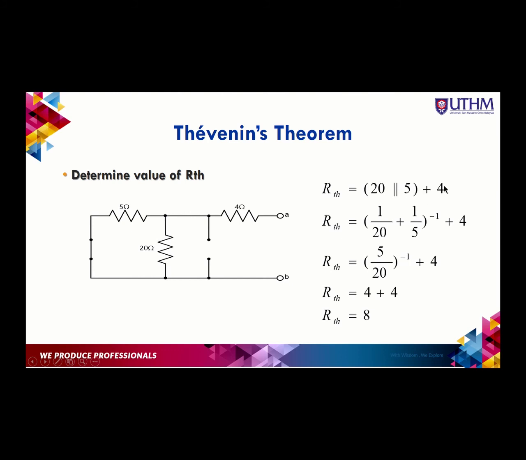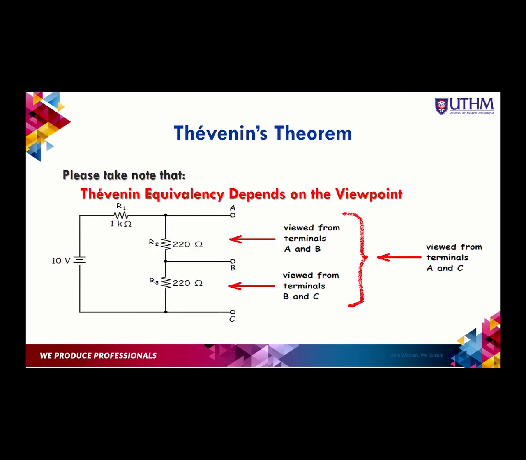So R Thevenin is equal to 20 parallel with 5, plus 4, because these will be in series. Finally, when we calculate all this, R Thevenin is equal to 8 ohms.